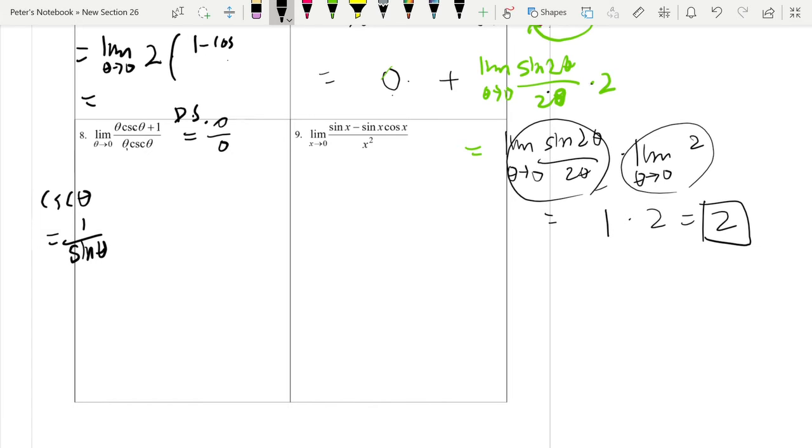So what do you do after that? So you are actually going to simplify stuff here. Again, it comes with experience. Oh, I see the same thing over here. So what I'm going to do over here, this is my approach: why don't I just divide both sides by theta times cosecant theta, and what I'm going to be left with is basically 1 plus 1 over theta cosecant theta, over 1, like that.